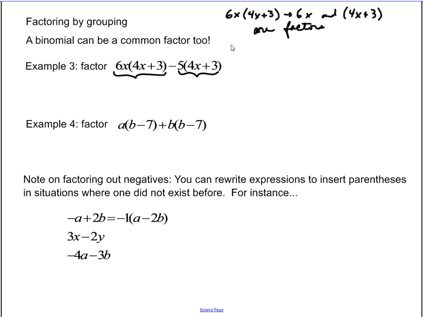And so we could say that the quantity 6x times the quantity 4x plus 3 and 5 times the quantity 4x plus 3 are terms of the expression.